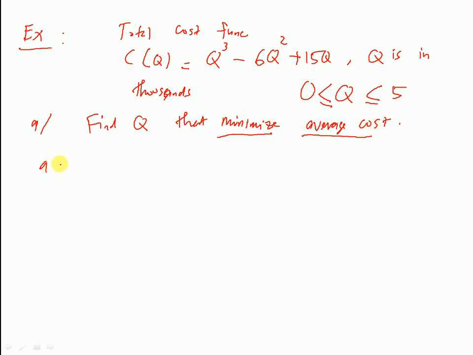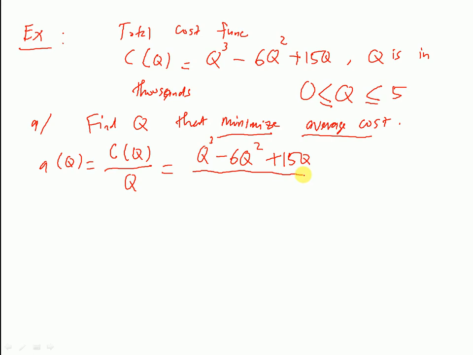The average cost is equal to the total cost over the quantity, so we take Q cubed minus 6Q squared plus 15Q and divide by Q. Q cubed over Q gives Q squared, and this gives you minus 6Q, and Q cancels, plus 15. So this one is the average cost.